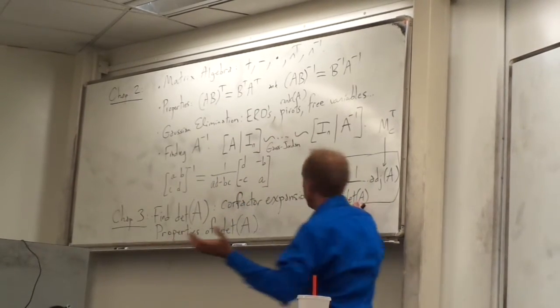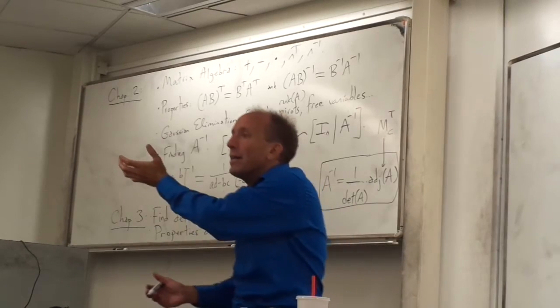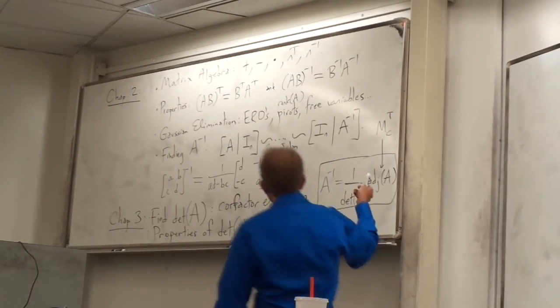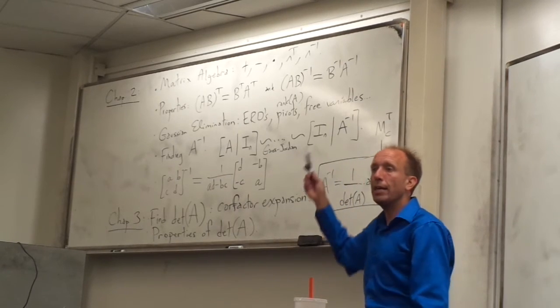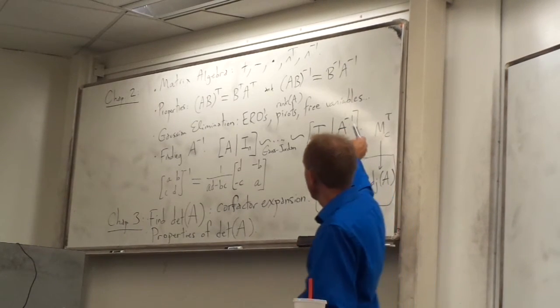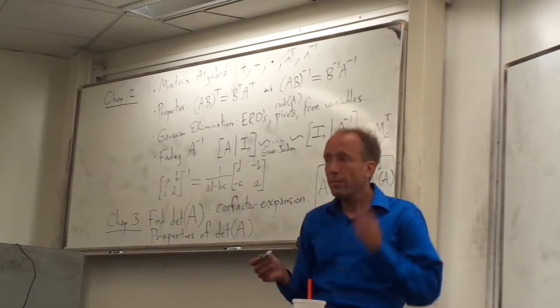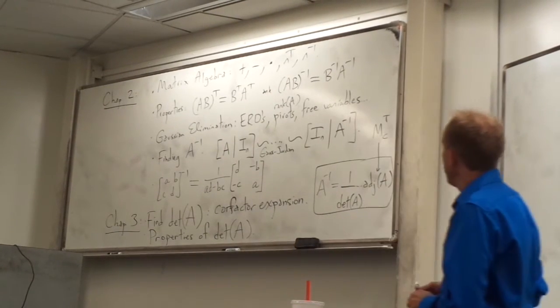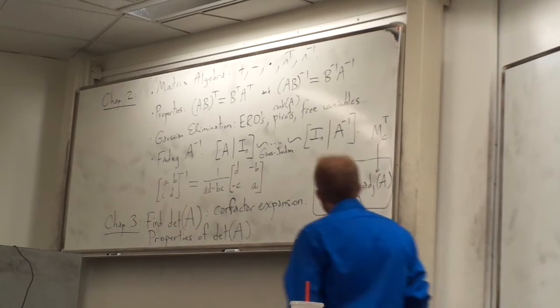Because this denominator, the determinant of A, is outside of the adjoint. So given a choice, I usually prefer the adjoint method for finding A inverse compared to the Gauss-Jordan method, just because EROs can be tedious. So that's definitely the case.